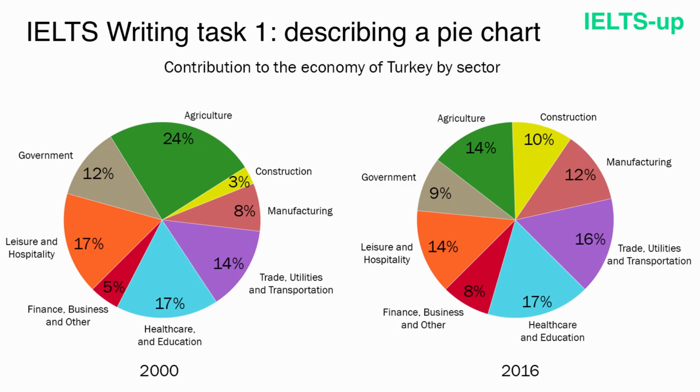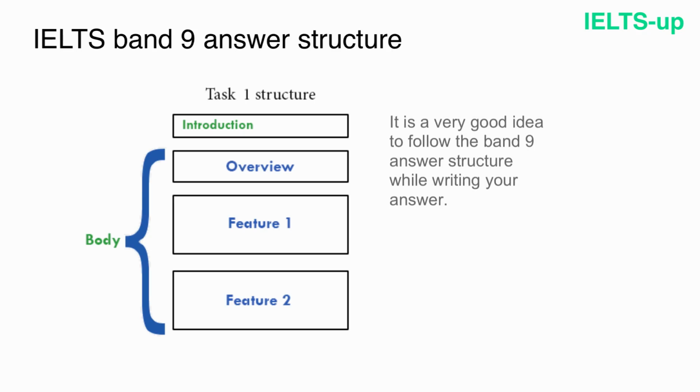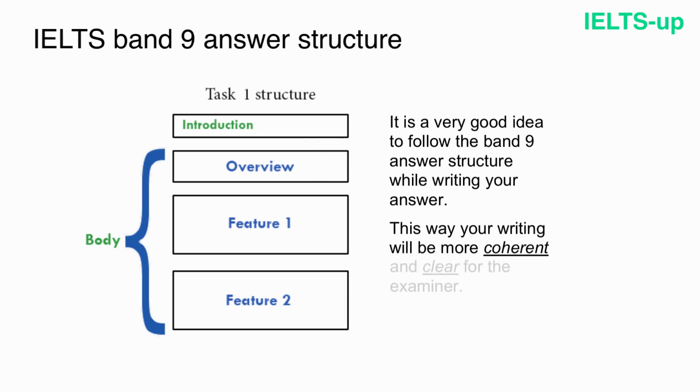So, these are our pie charts. And when you get familiar with your pie charts, you can start writing the answer. It is a very good idea to follow the Band 9 answer structure while writing your answer. This way, your writing will be more coherent and clear for the examiner.